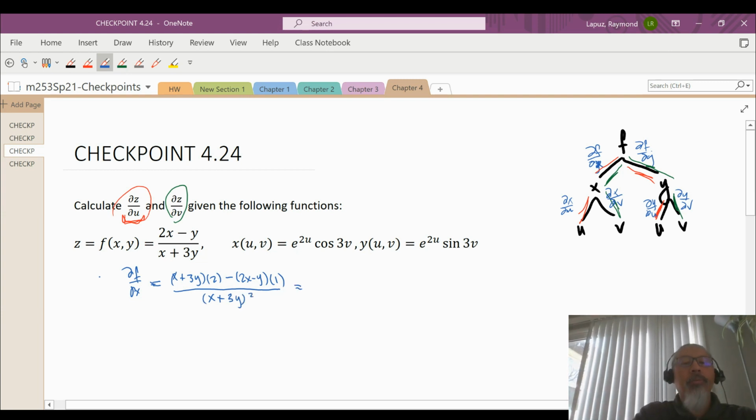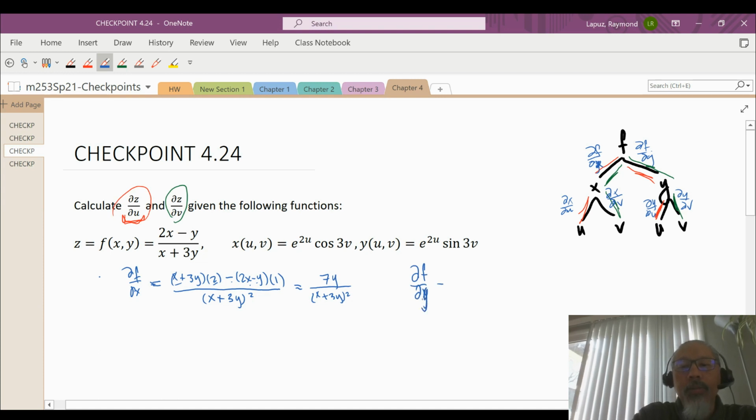I think it might be worth simplifying this. We have a 2x, negative 2x, so that's a 0 times x, so the x's are gone. We have 3 times 2 is 6y minus minus, so that's plus 1y. We get 7y divided by (x + 3y) quantity squared. That's going to be the derivative with respect to x.